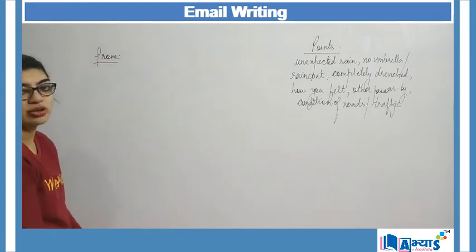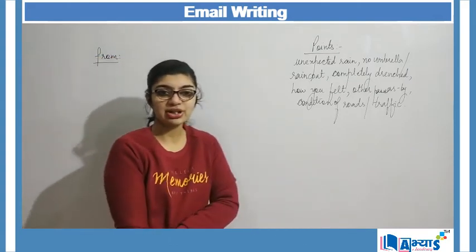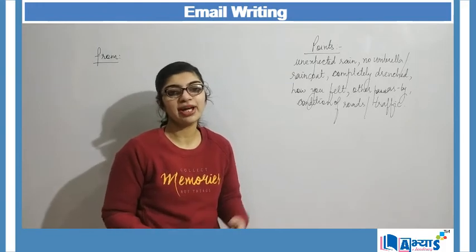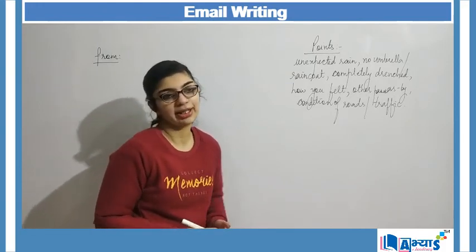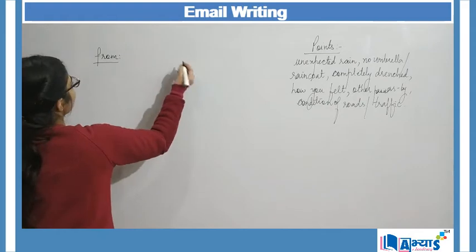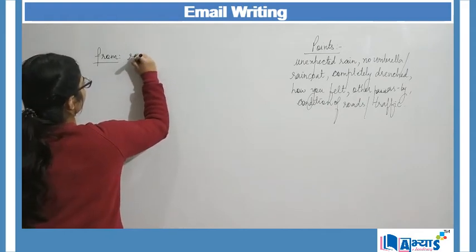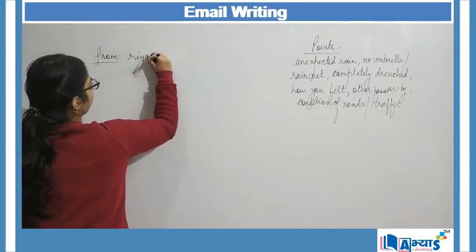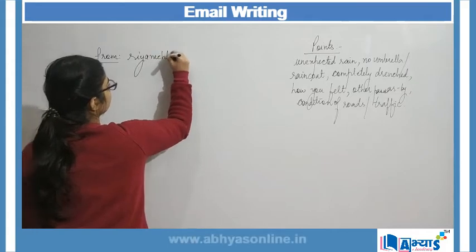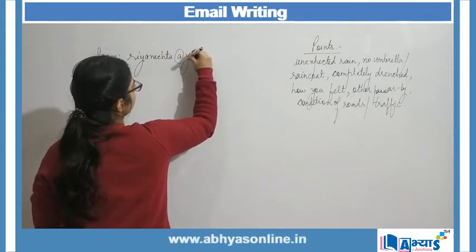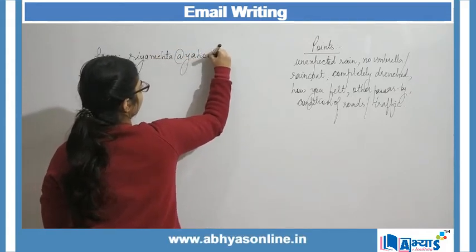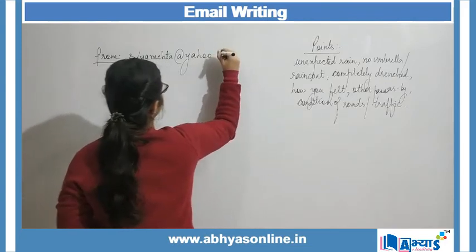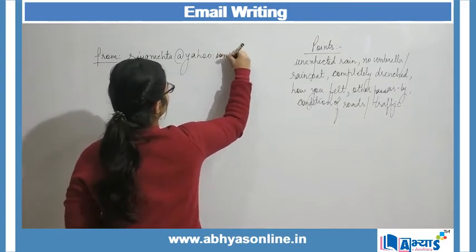In From you can write your name, or if in the question a name has been specified, then you have to mention that name. Now suppose in From I say Riya Mehta at yahoo.in, yeah, I can say .com.